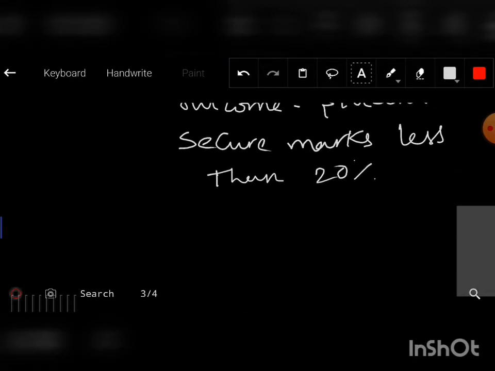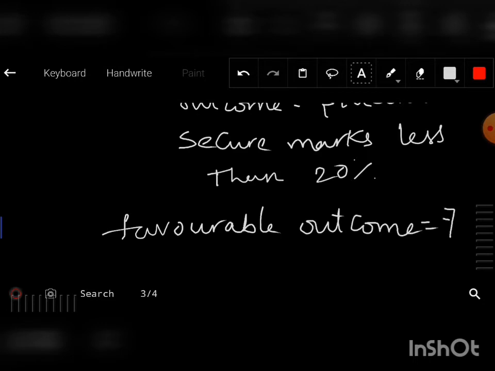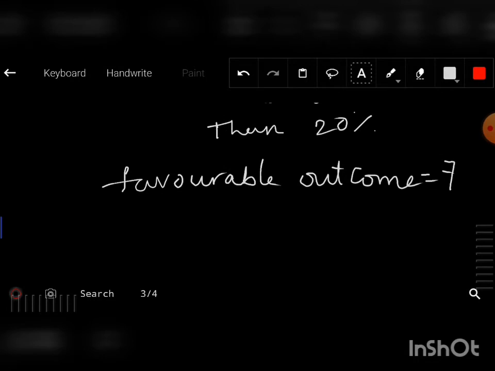From the table, favorable outcome equals 7. Now what is the probability?